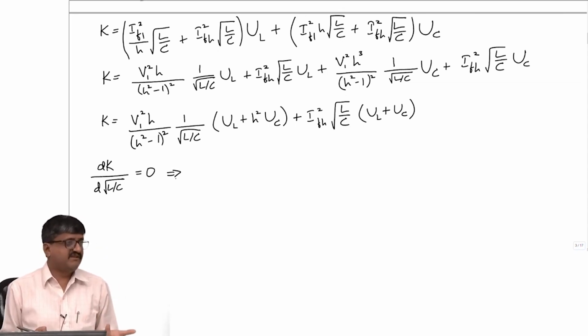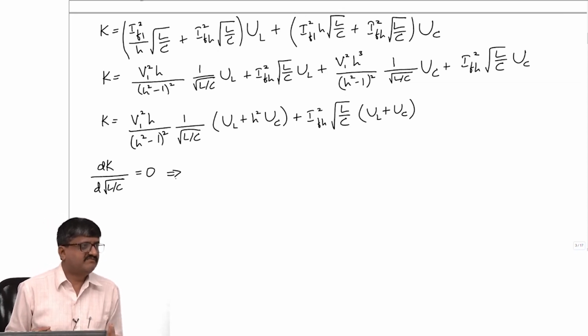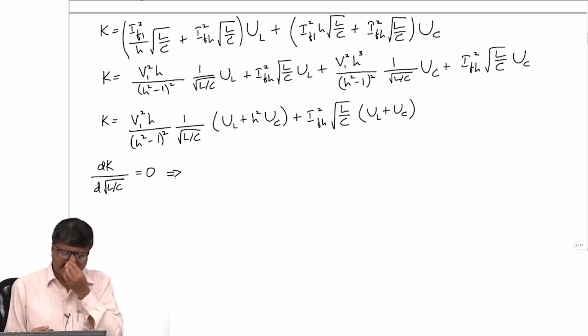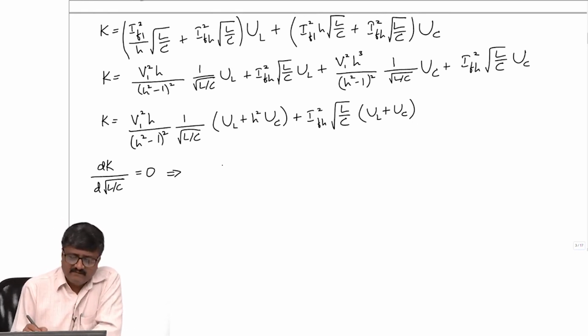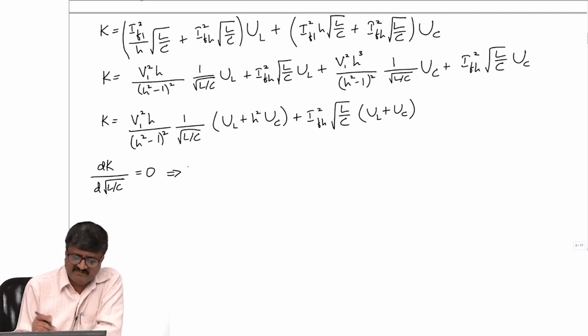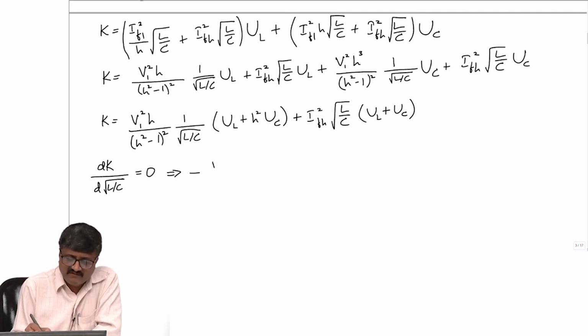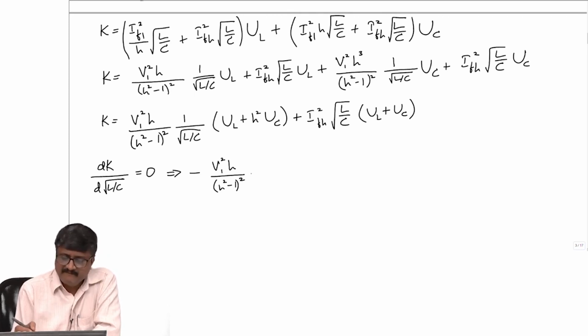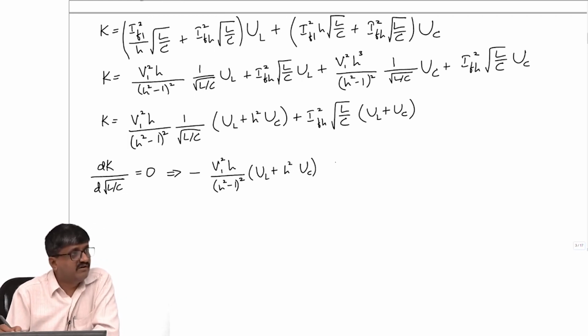So, from this I get an expression for root L by C. That is all, I can get that. So, if I take the derivative, what do I get? Please note we are taking the derivative with respect to square root of L by C. So, can I say that the derivative of the first term in the expression for K is minus V1 squared H divided by H square minus 1 whole square into UL plus H squared UC into what?